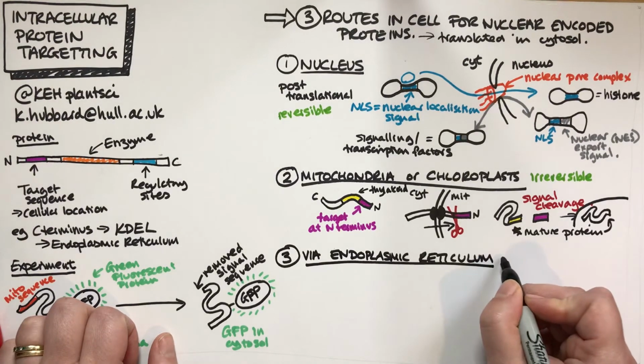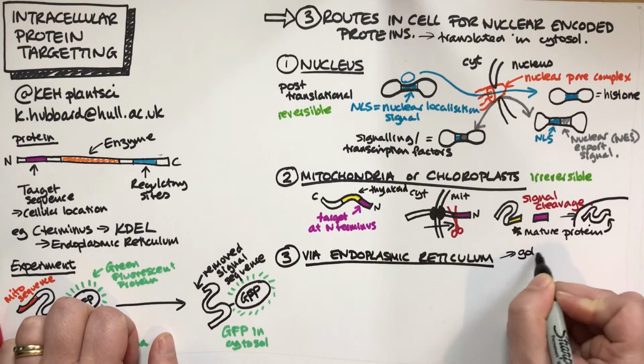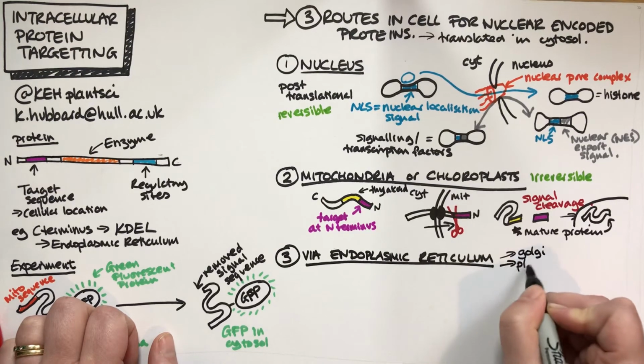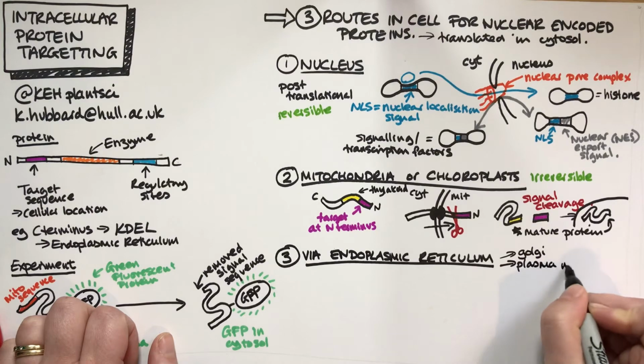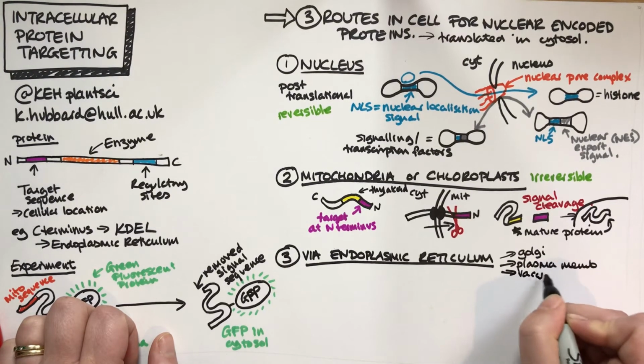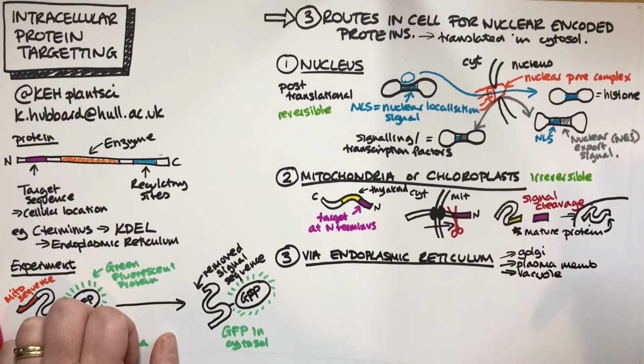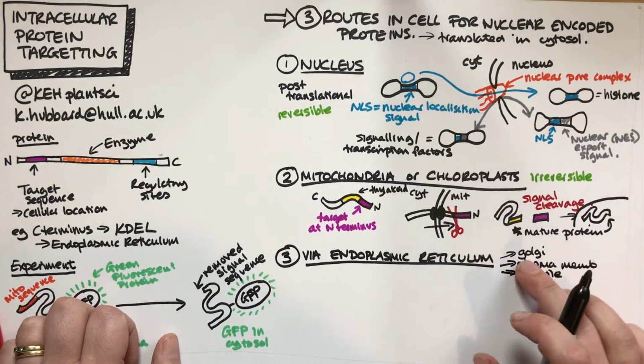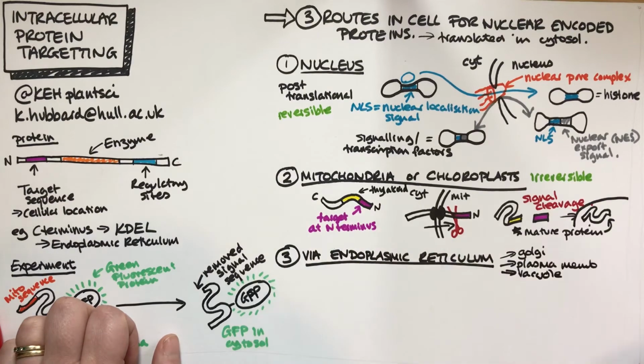So proteins that are going to the Golgi, to the plasma membrane, to the vacuole, to the lysosome, lots and lots of different locations. The protein goes via the endoplasmic reticulum first, and then a series of vesicles takes it to its final destination. So lots of proteins go via the endoplasmic reticulum that don't end up in the endoplasmic reticulum. They end up somewhere else.